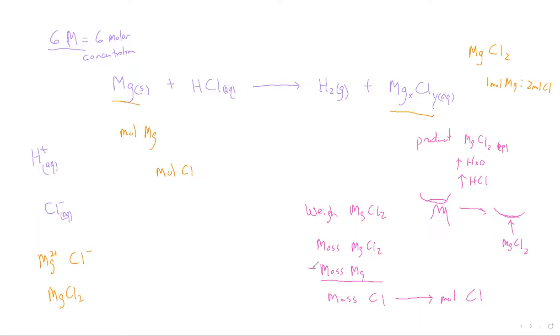So now we just need to find the mass of chloride and then convert it to moles of chloride. By doing that, we're going to get the mass of the product, evaporate the water and the hydrochloric acid, the excess water, and then the only problem with this whole process is in the evaporation stage.